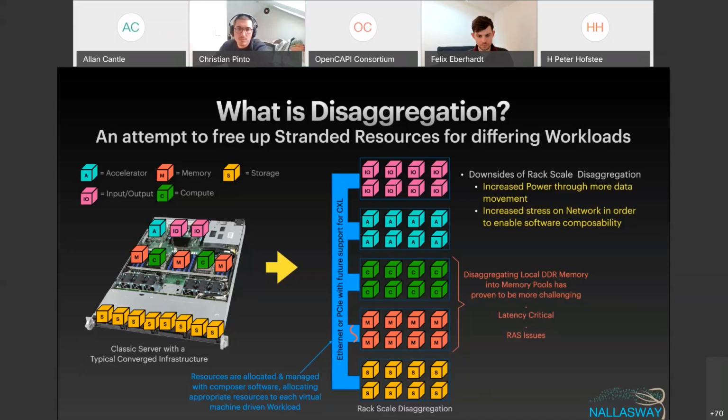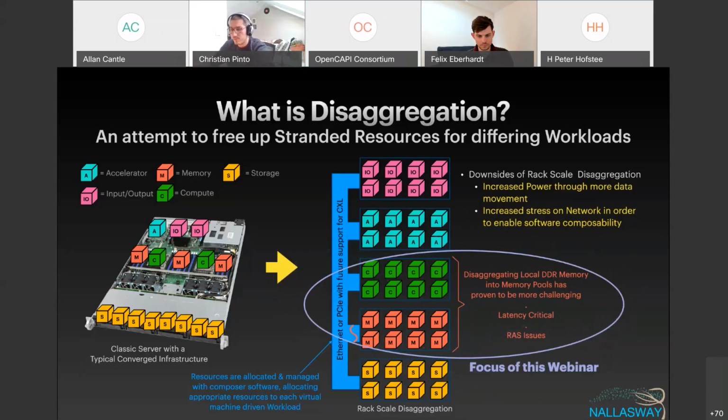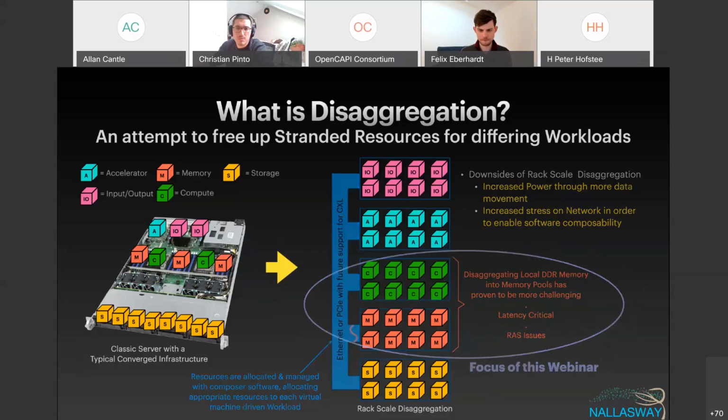So hence why this is an interesting topic for us to be talking about today, and this area is the focus of this webinar. I'm going to be talking about all of this in terms of the disaggregation and composability of everything. And my colleagues will talk in more detail on this area.